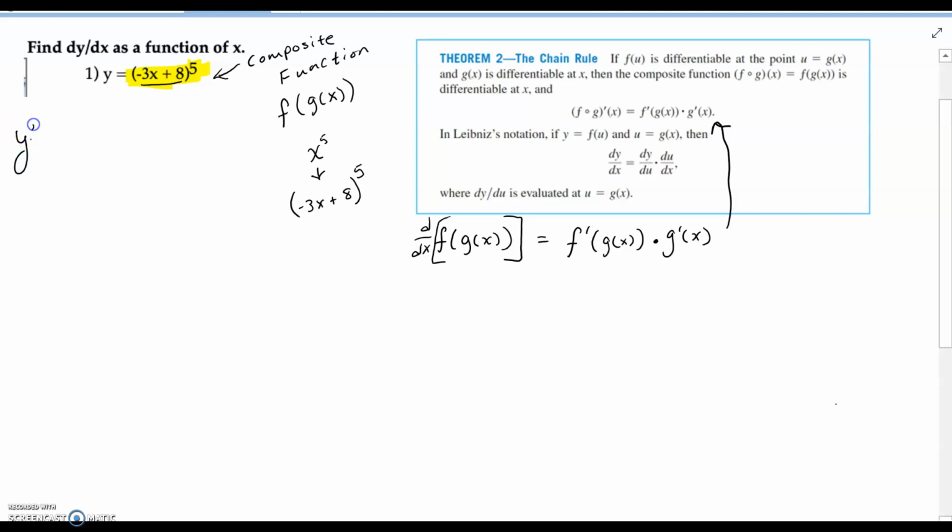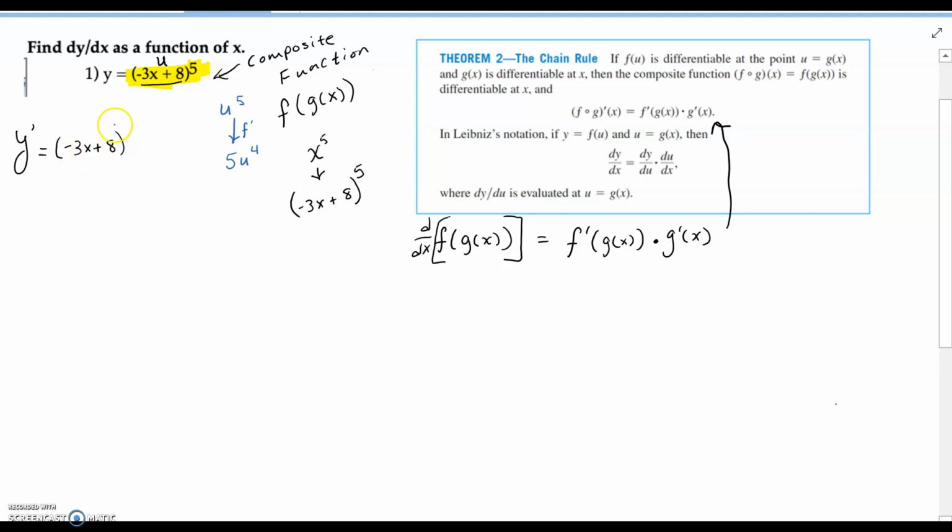So if I take y prime, I'm going to take the derivative of the outside, and let's just call it u to the fifth power. If I have u to the fifth power and I take the derivative, f prime, I'm going to say 5u to the fourth. I apply the power rule. Here I'm going to have, in this case, negative 3x plus 8. That's going to stay the same.